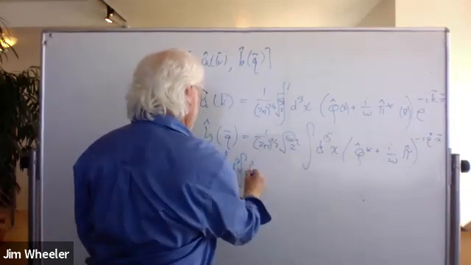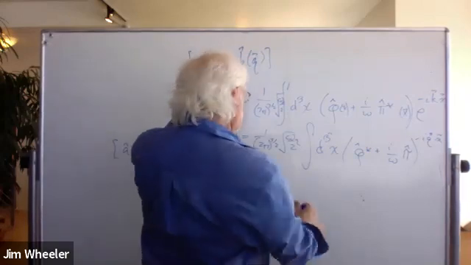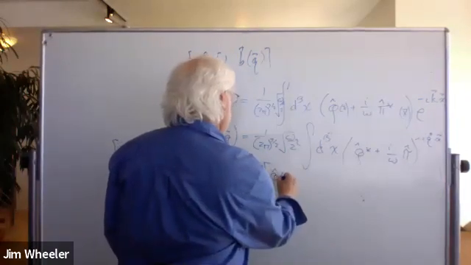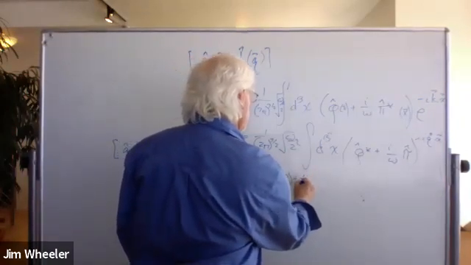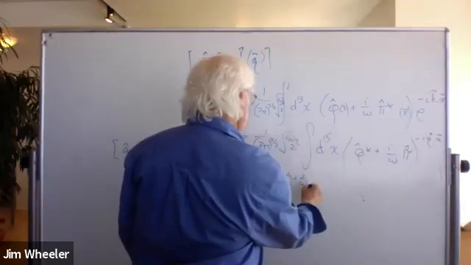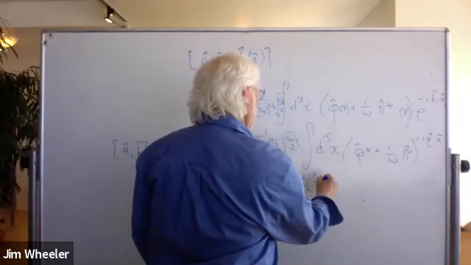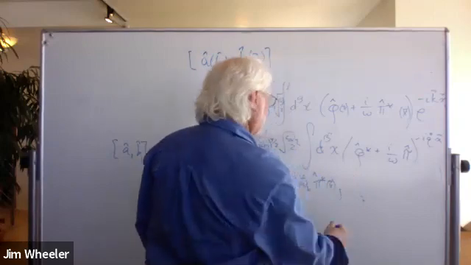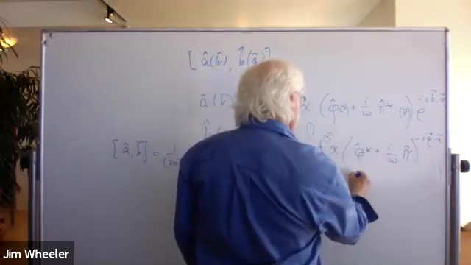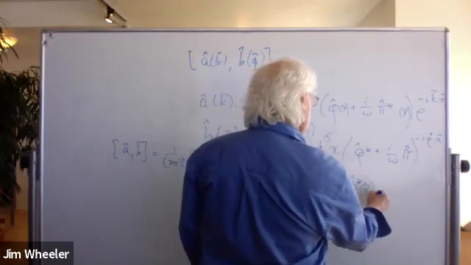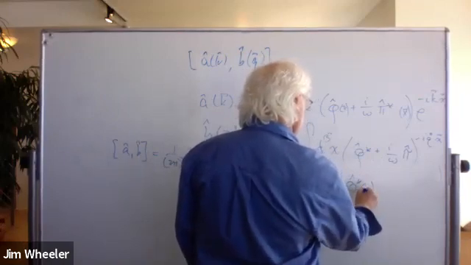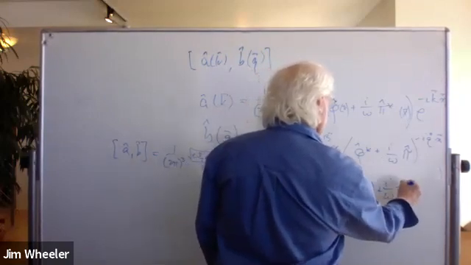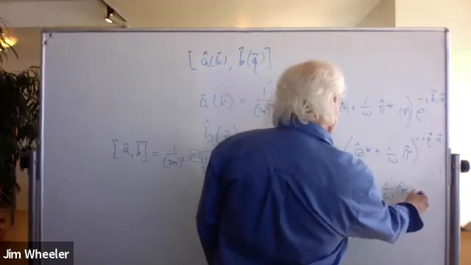Let me call it y. Then let's see, what do we have? This is going to be a, which is phi hat of x plus i over omega of k pi hat star of x. Commutator with these guys, phi hat star of q, of, these are going to be y now, plus i over omega pi hat of y.